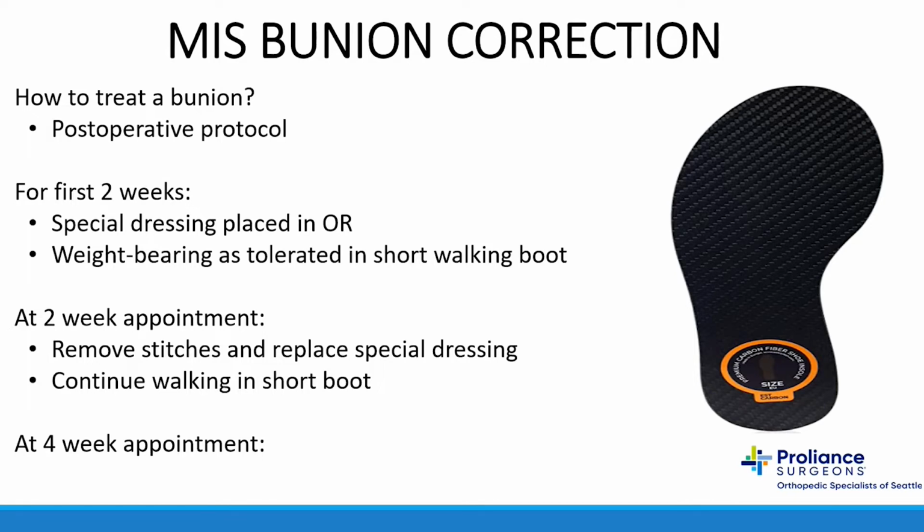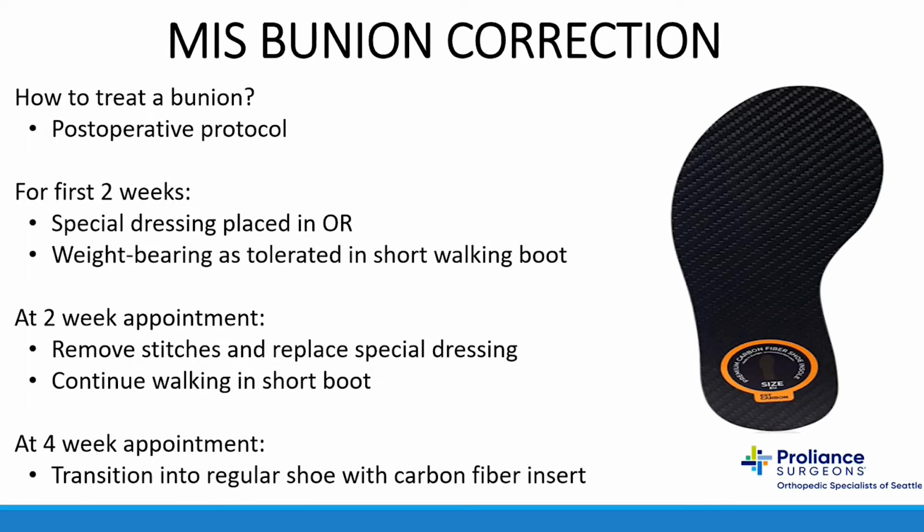And then at the 4-week appointment, we get you out of that boot and into a regular shoe with something called a carbon fiber insert, which is the picture on the right. It's basically a thin sheet that's a couple millimeters thick that goes inside your shoe underneath the insert that's already in there.